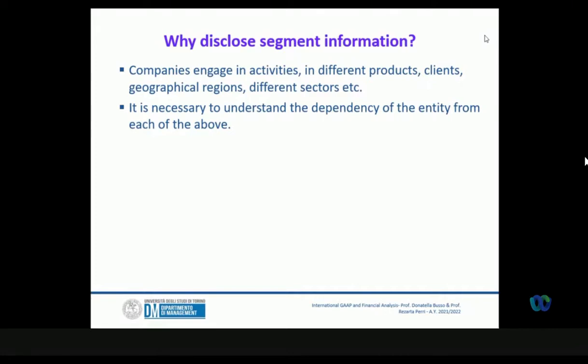That is why we need to know the exposure or dependency we have as a company on specific clients or a specific geographical region.